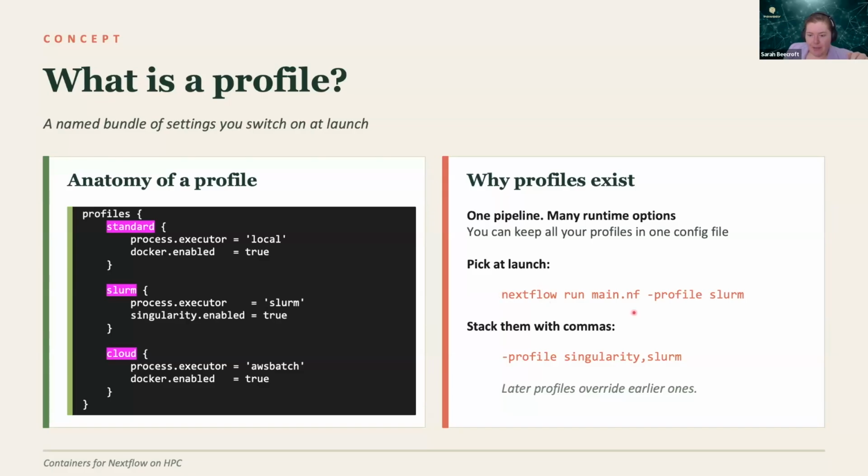So you can say, for example, I'm running on Setonix today, I'm going to use dash profile Slurm. Or you might say, actually, I want to use Singularity in Slurm, which can be very useful and a good thing to keep in your back pocket. So that's an alternative to having many different config files, right? You could have a Setonix.config, a Singularity.config, a something else.config, or you can have them as profiles, which is a more elegant solution.